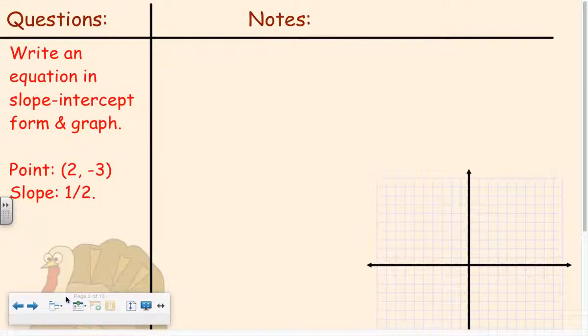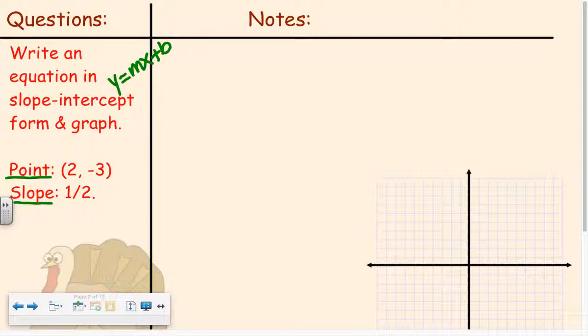First example. Write an equation in slope-intercept form and graph. They want us to write an equation in slope-intercept form, which is the vocab word we just wrote down, so y equals mx plus b. When we're all done, our answer should be in that form. Now we look at what we're given: a point and a slope.